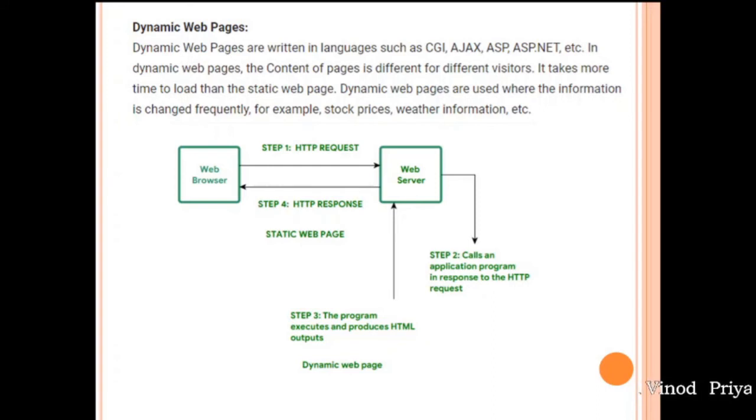It's basically written in languages like Ajax, ASP, CGI or ASP.NET. The content is different for different people because it is dynamic. From the previous static web page, you understand that it is basically the same for everyone as no changes are happening. But here the page will change accordingly because the information there is frequently changed.